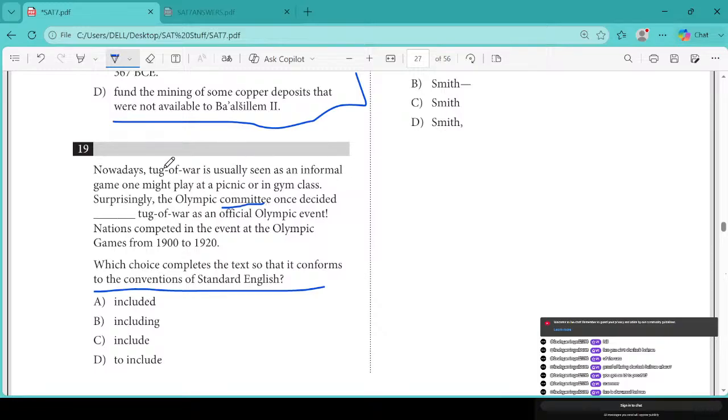So one thing we can do is look at the tense around it. Like you look at other sentences and see what tense it's in. It's in present tense. Because it's in present tense, you would expect this to also be in present tense. So it's probably C.